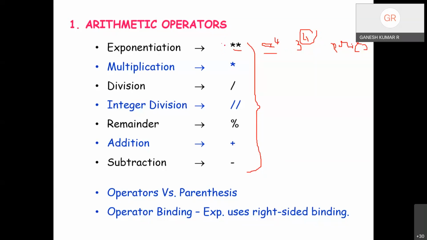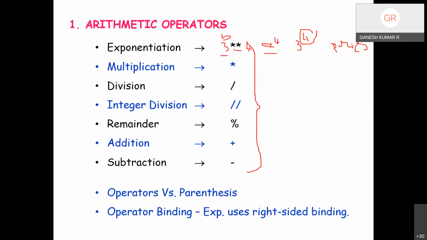The left argument to the power operator, that is the operand or data to the operator, is called the base, and its right argument is called the exponent.